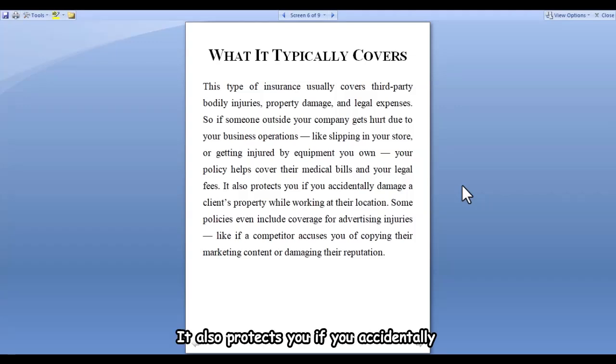It also protects you if you accidentally damage a client's property while working at their location. Some policies even include coverage for advertising injuries, like if a competitor accuses you of copying their marketing content or damaging their reputation.